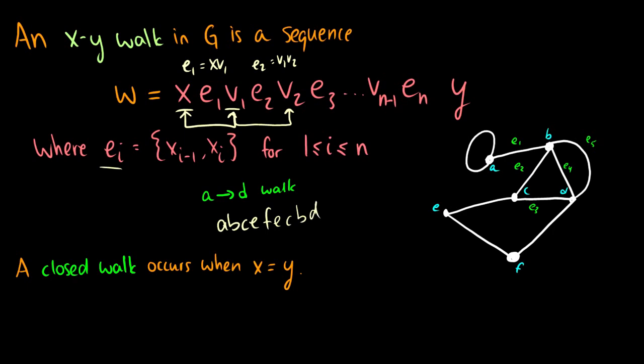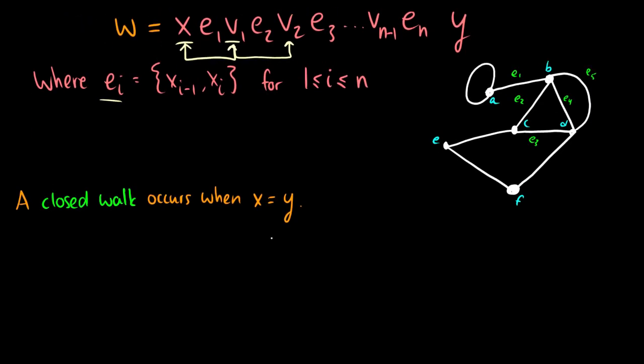Okay, so what is a closed walk? A closed walk is when you start at a vertex X and you get back to the vertex X. So it's the same definition, except this Y is actually just X. That's the only difference. So if we say I want to walk from E to E, that's a closed walk.